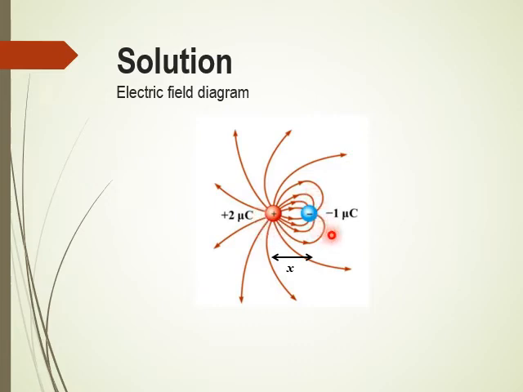One more thing, you will notice that they have different numbers of field lines. That is because the number of lines is directly proportional to the magnitude of the charge. So if a 1 microcoulomb charge comes with 6 field lines, then for a 2 microcoulomb charge you need to have 12 electric field lines.